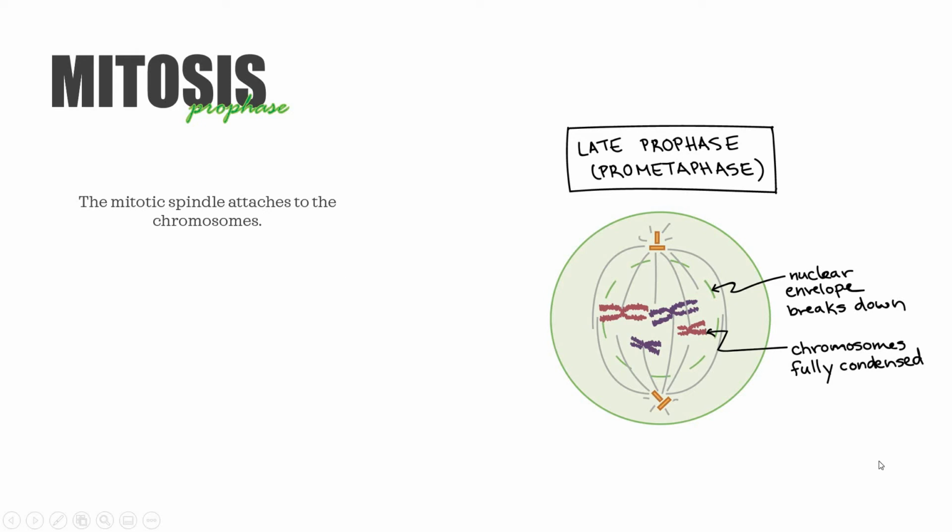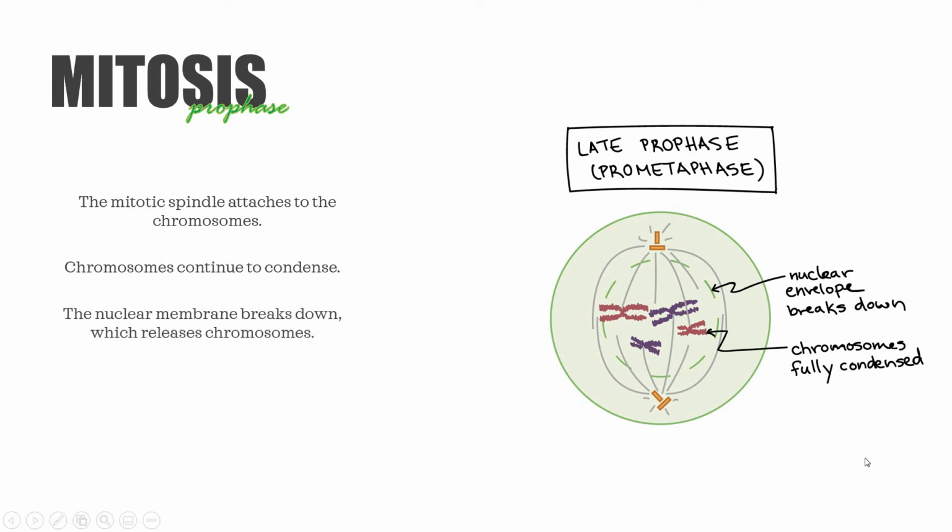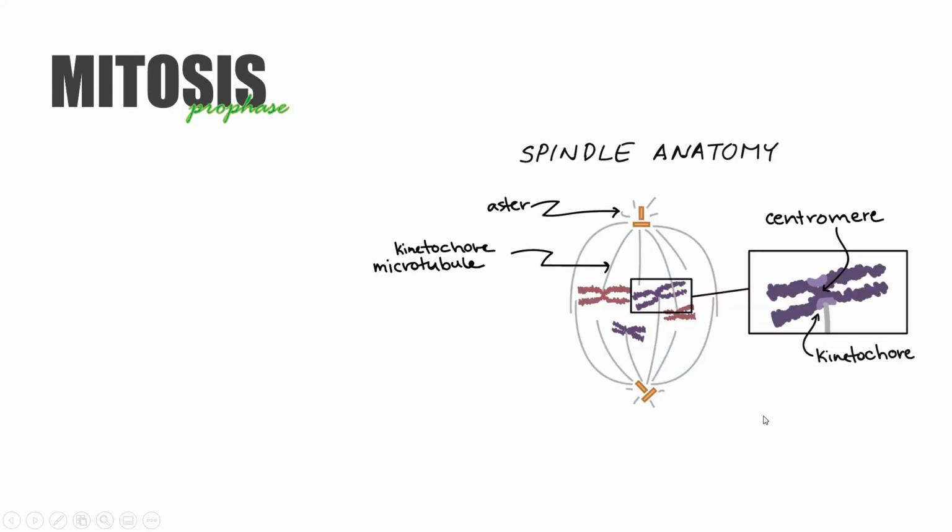So, nag-start na silang mag-catch ng mga chromosomes. As the chromosomes continue to condense, and the nuclear membrane breaks down, which releases the chromosomes. Remember na yung nuclear membrane encloses the nucleus, and inside the nucleus, in that place are the chromosomes suspended in the nucleoplasm. Okay.